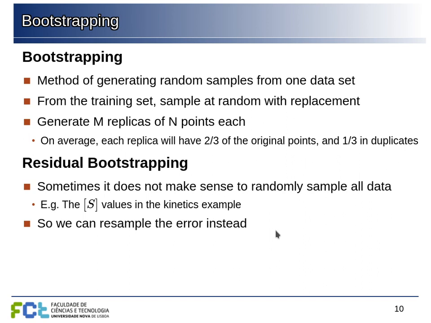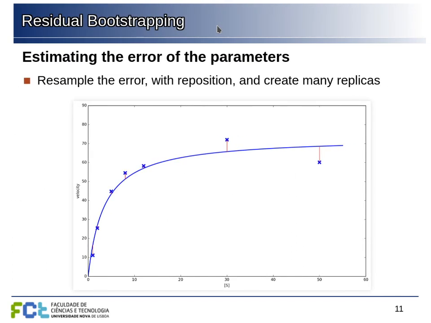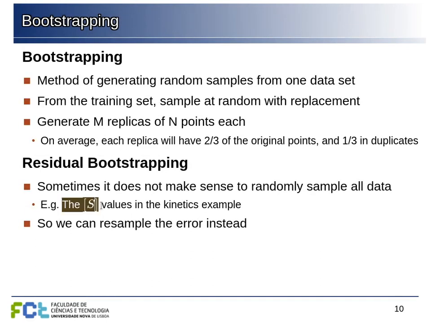So one situation where this can be useful is in the Michaelis-Menten model that we saw previously, where these S values, the substrate concentration values, are chosen by us during the experiment.